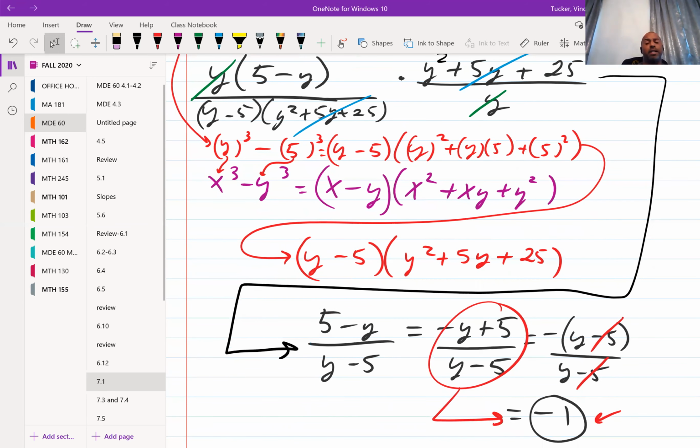Now, notice we have a positive 5 here, negative 5 here, negative y, positive y. So we have opposite signs. If I rearrange my terms, moving the y to the front and the 5 to the back so I can make a clean comparison between numerator and denominator, I have negative y plus 5 and positive y minus 5. So I have opposite signs in each.